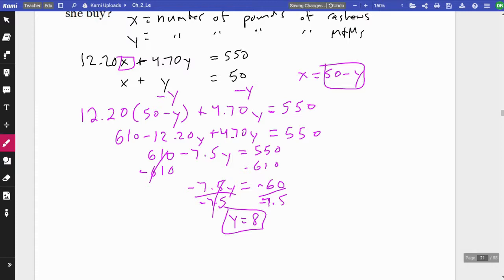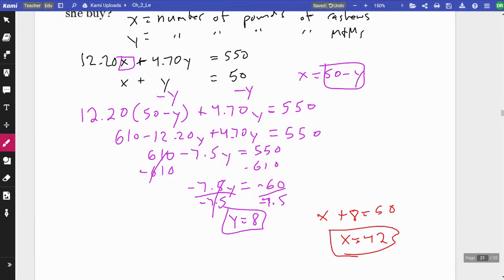I just said negative 610, but it's negative 60 when we combine 550 and negative 610. So we get negative 60, divide by negative 7.5, and we get 8. And then the easy equation to plug that into would be the second one, the equation we created, X equals, and then we get 42.